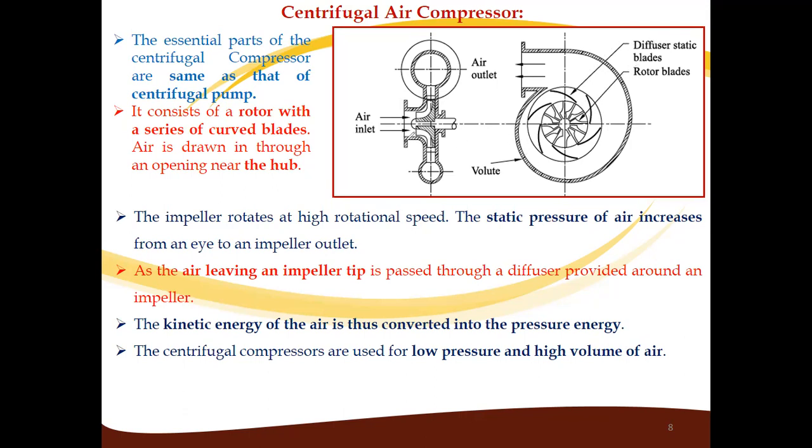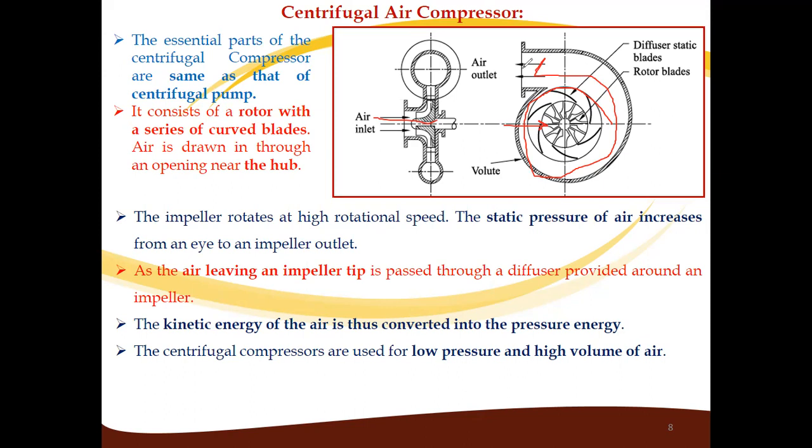So air intake will be there at this eye of impeller, and this air gets pressurized when the rotation of this impeller happens, and it will be delivered from this delivery pipe. So all other components and working is the same as that of pump.